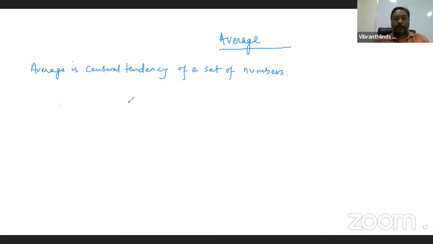See, suppose I am taking 12, 13, 17, 18, and 20. These are my 5 students, A, B, C, D, E, and the age is as follows.